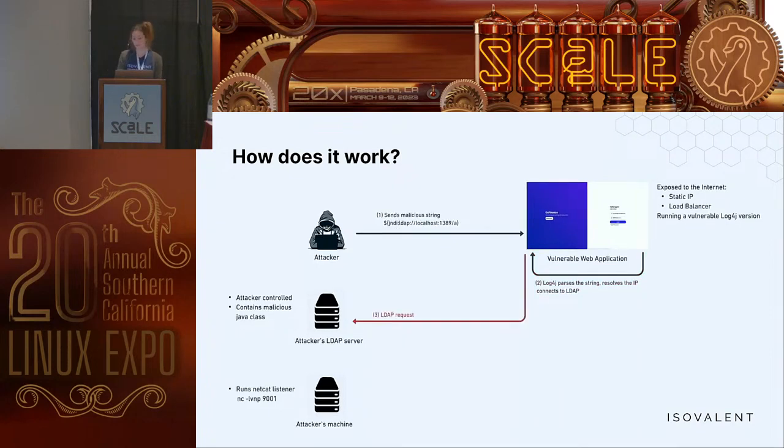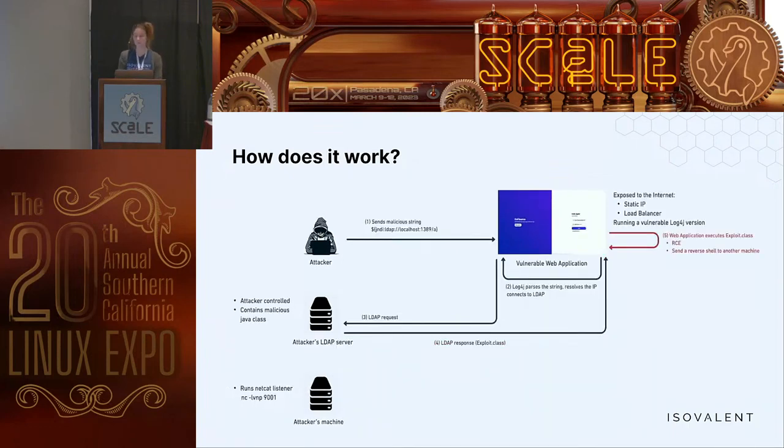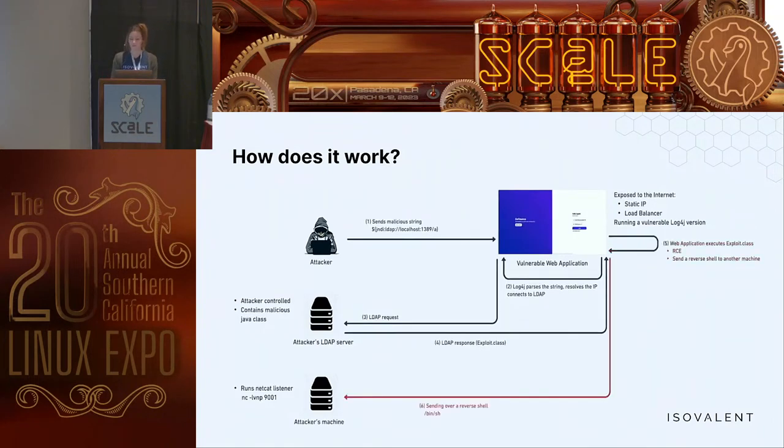You can see the LDAP request, and the LDAP server will respond with the exploit.class. The web application will just happily run that exploit.class and execute the code inside it. In this case it was a reverse shell, and we will see the reverse shell sent to the netcat listener.